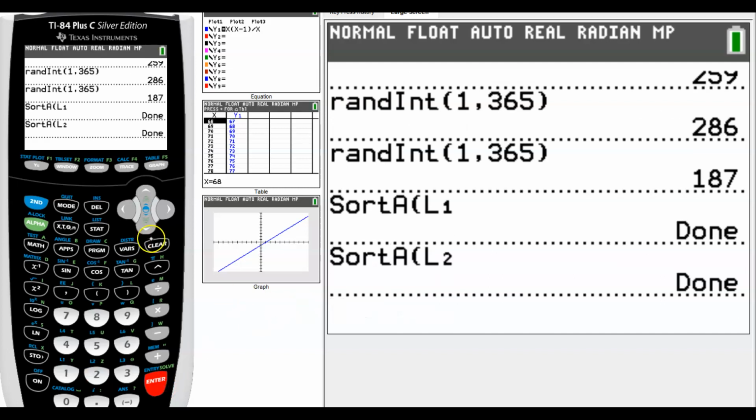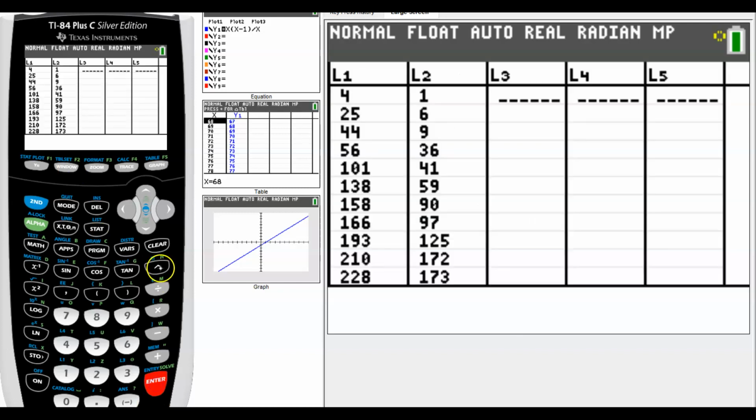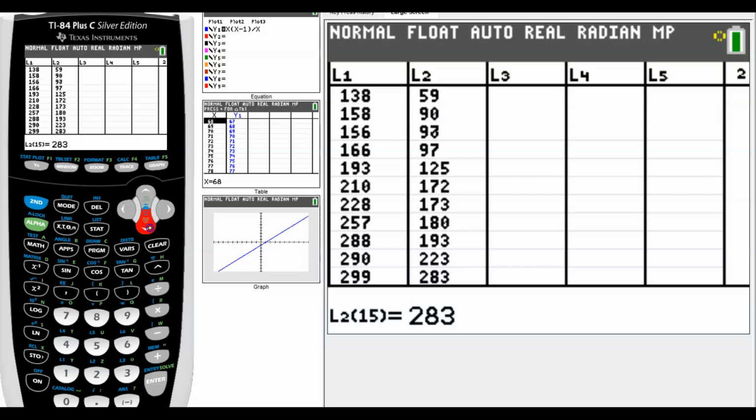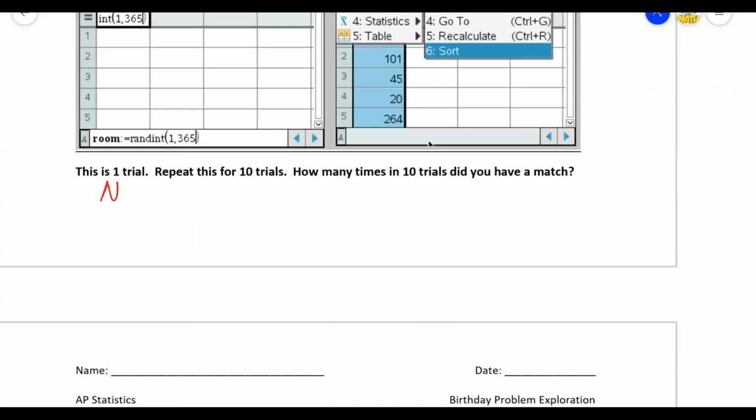And then what happens now, we go back to stat and edit. And our L2 is nice and sorted, and we can scroll through and see this is our second group of 20 students that we brought together, and we can check and see if we had a matching birthday or not. 294. So in our second trial, that's trial 2, we did have a match.